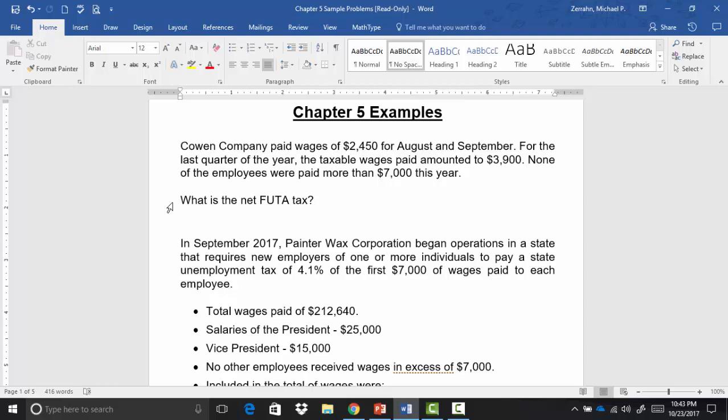So what is the net FUTA tax? $2,450 plus $3,900 equals $6,350, times my 0.006. So my net FUTA tax is $38.10.